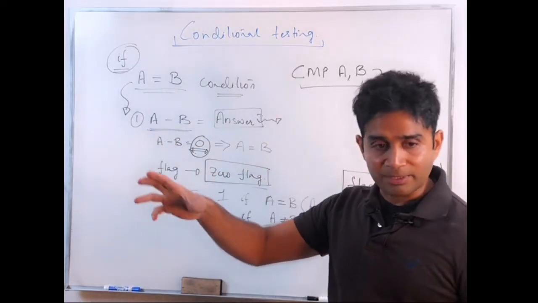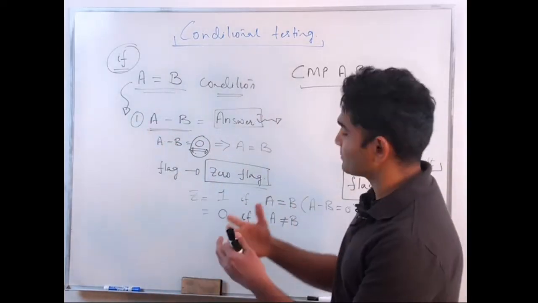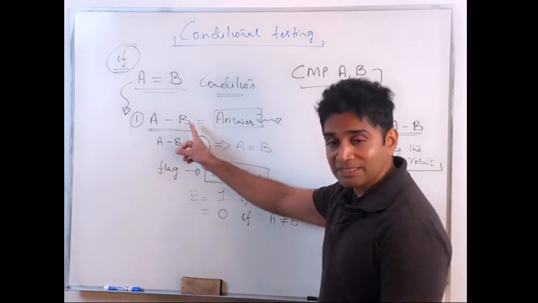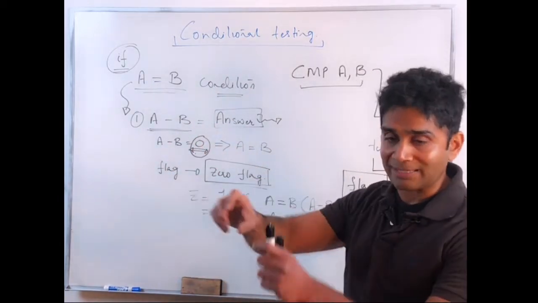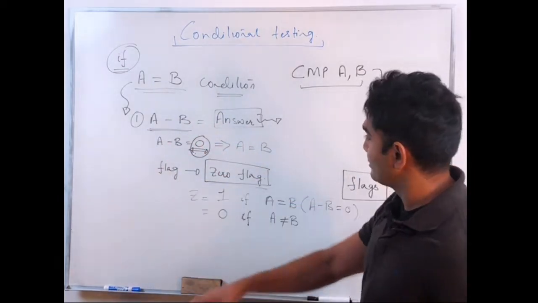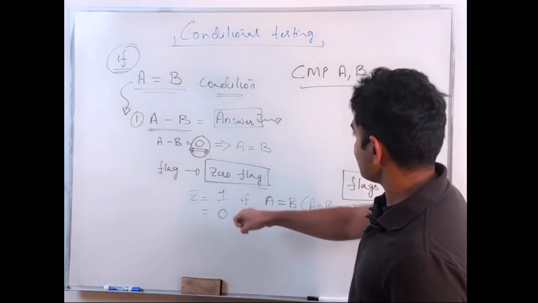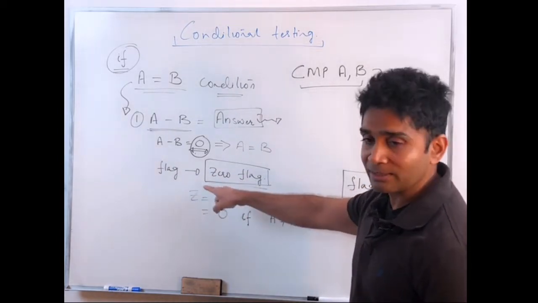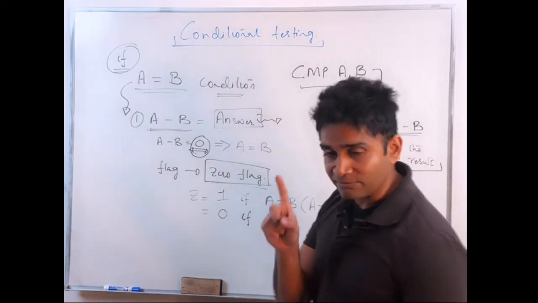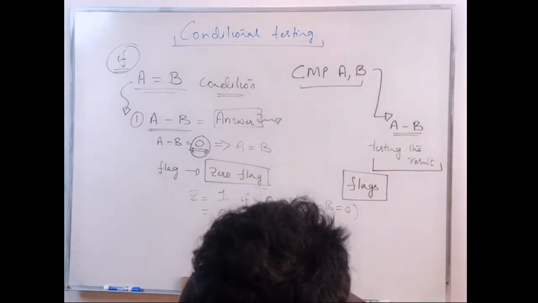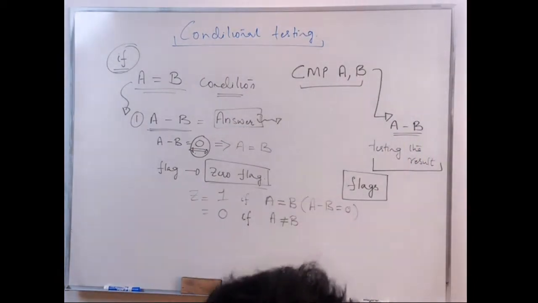When I do that, I will get some answer. Then I test whether the answer is all zeros, because if it is, I should set my 0 flag. Remember that these flags are 1-bit indicators.